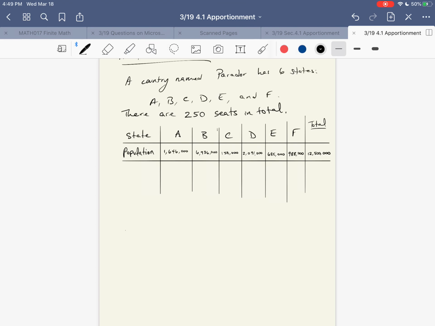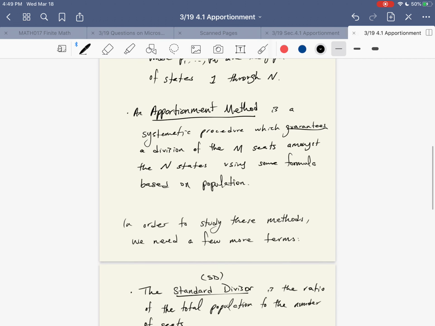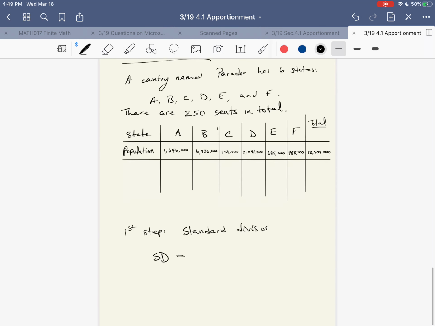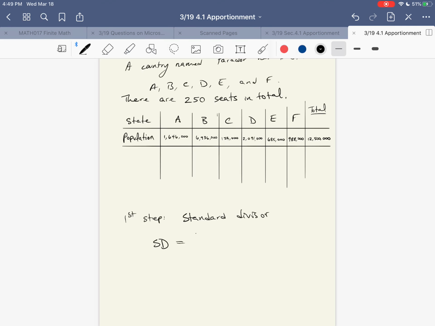So, first step, standard divisor, SD, is equal to what? Well, we said that the standard divisor is the total population over the number of seats. Total population over number of seats. And that's going to be 12,500,000 divided by 250.